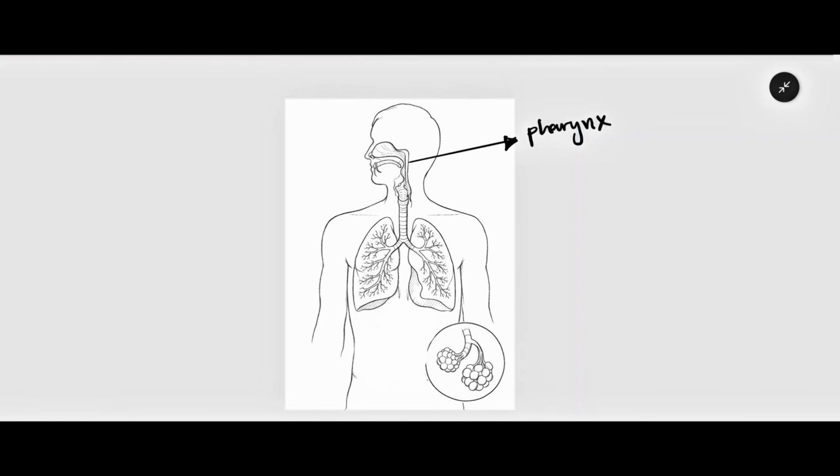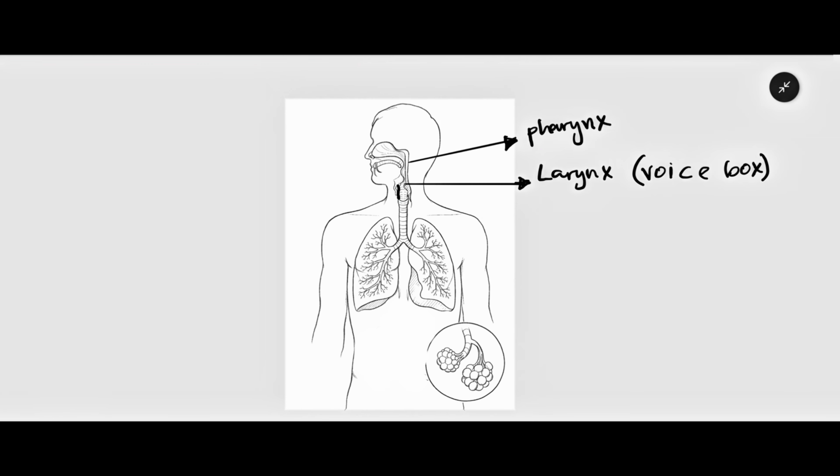Next, we have something called the larynx. The larynx is often called the voice box. The larynx connects the pharynx to the trachea, and it helps to protect the airway so that food doesn't go down into your lungs.